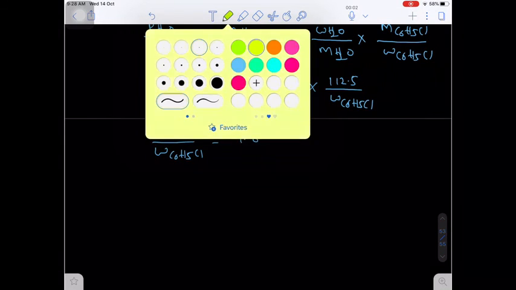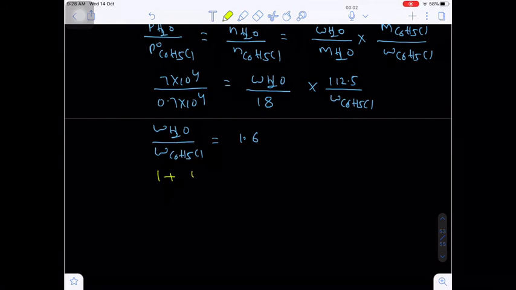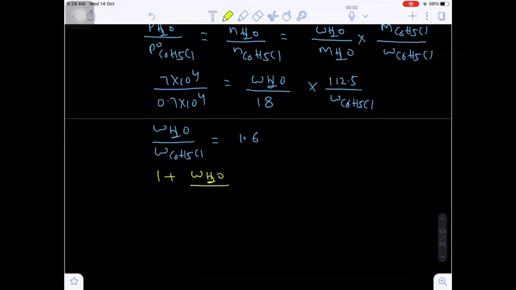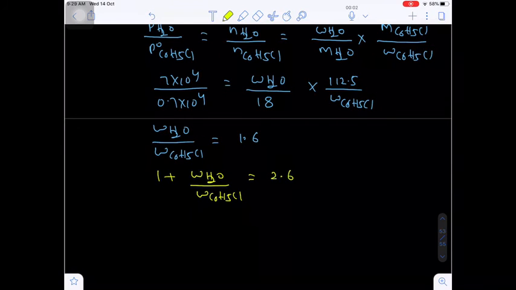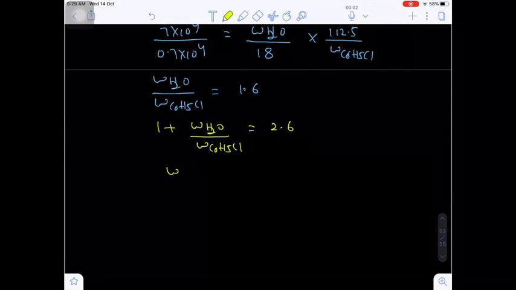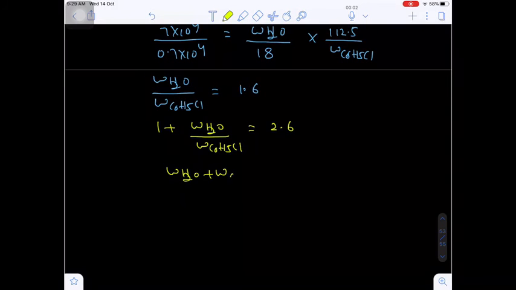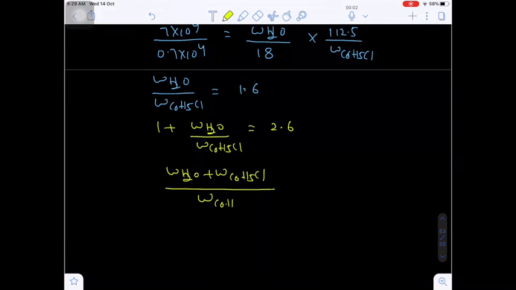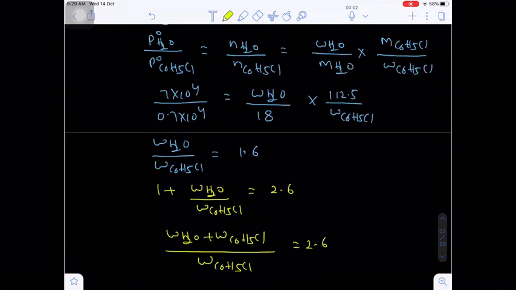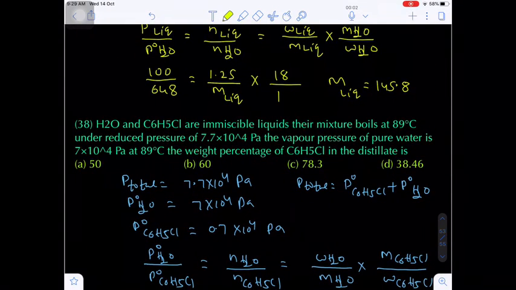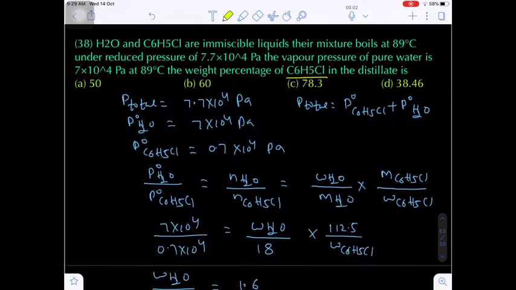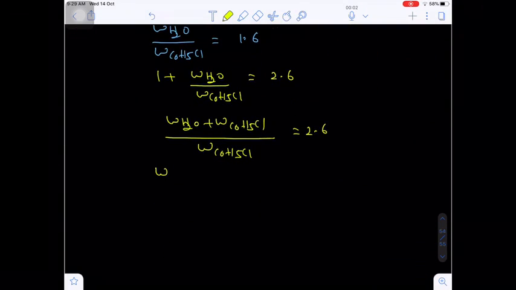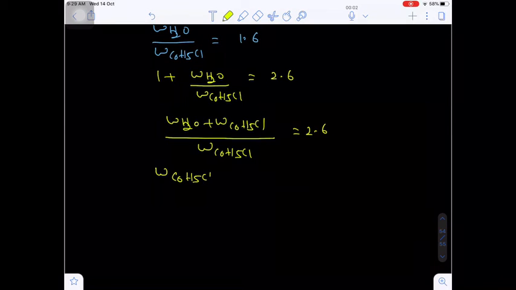Now what I am doing, I am adding 1 on both sides. So 1 plus weight of water upon weight of chlorobenzene will be equal to 1 plus 1.6, that is 2.6. After taking the LCM you will get weight of water plus weight of chlorobenzene, whole divided by weight of chlorobenzene, is equal to 2.6. The question asks for the percentage weight composition of chlorobenzene. So first of all, in the numerator we have to write the weight of chlorobenzene.